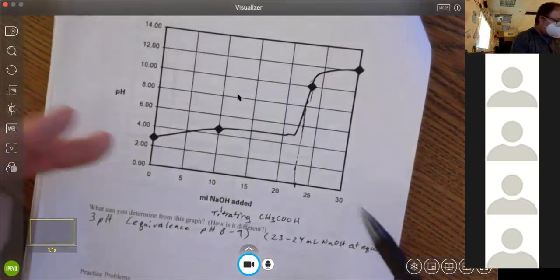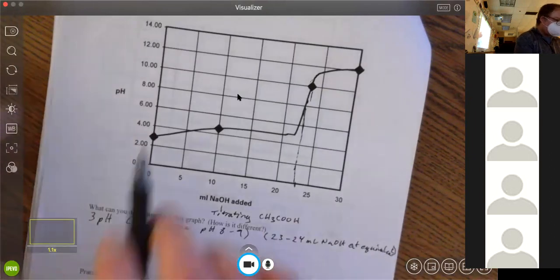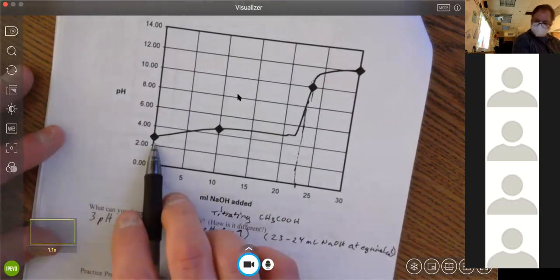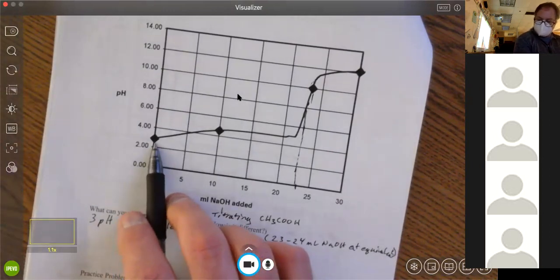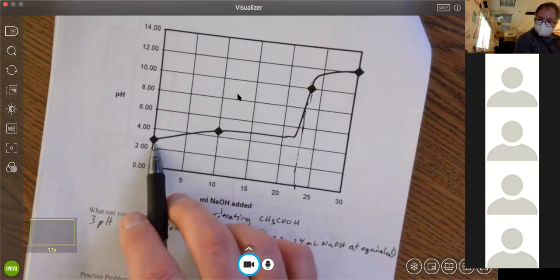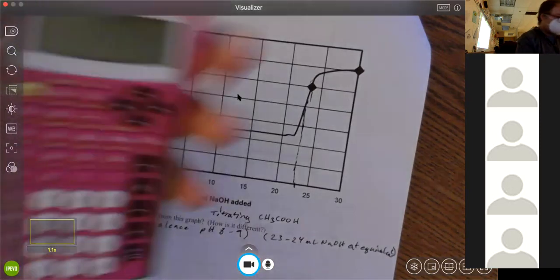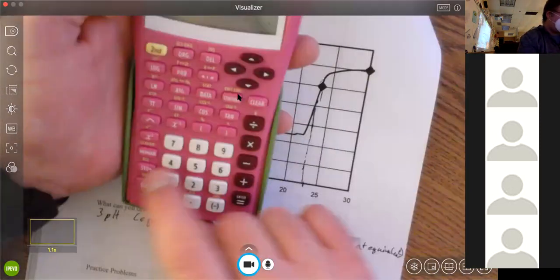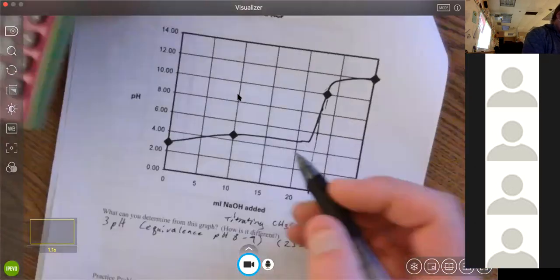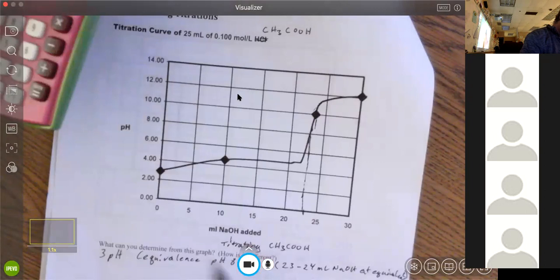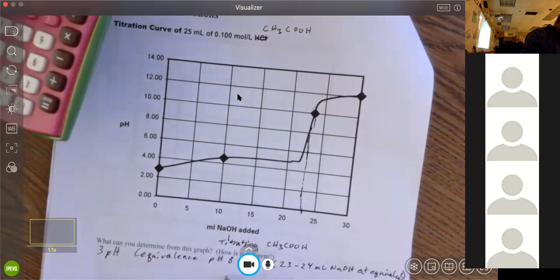There's a lot more we could get from this. If we wanted to, we could find the hydrogen ion concentration right here. And then with that, let's take a look. We know the concentration of this acid is 0.100.